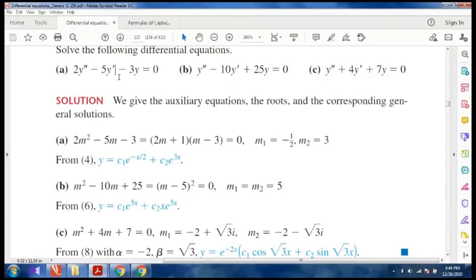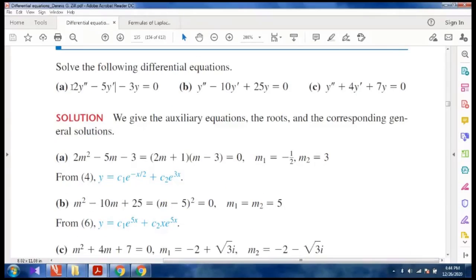If you need the answer, then I must say that, yeah, we can solve the same differential equations by Laplace and inverse Laplace transformation. So this is the application of Laplace transform.